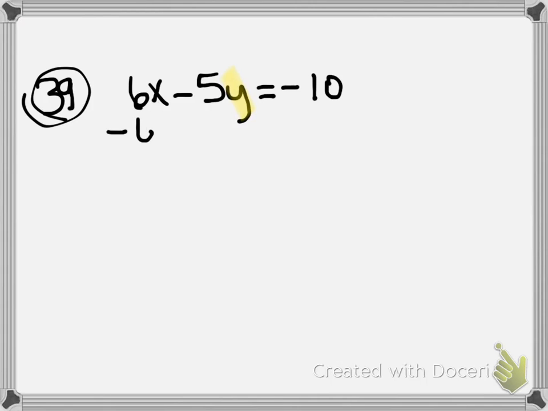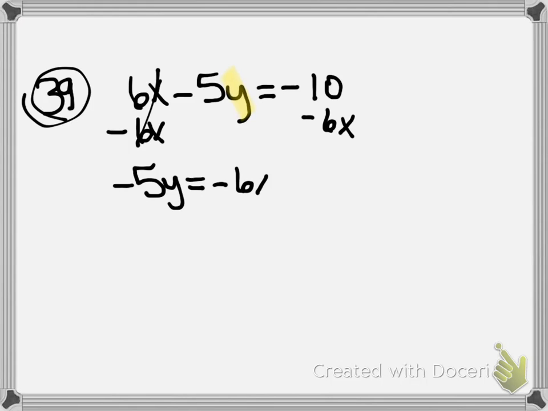So let's subtract 6x from both sides. Now I hope you're not going to say that that is negative 16x because those are not like terms. And always remember x's are very pushy. So your x is going to push its way right in the front. So the negative 6x pushed right in front of that negative 10. X's are pushy, always remember that.